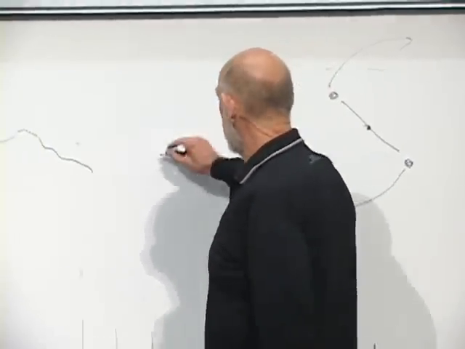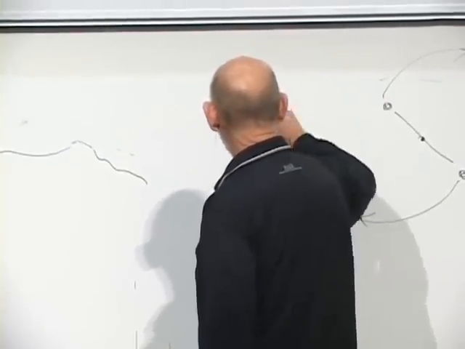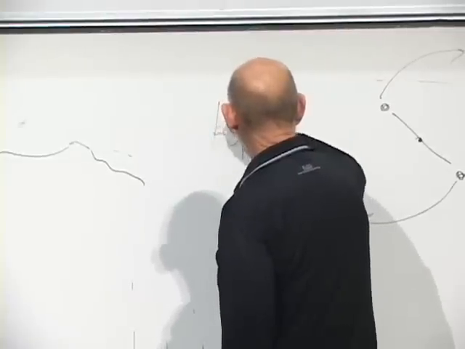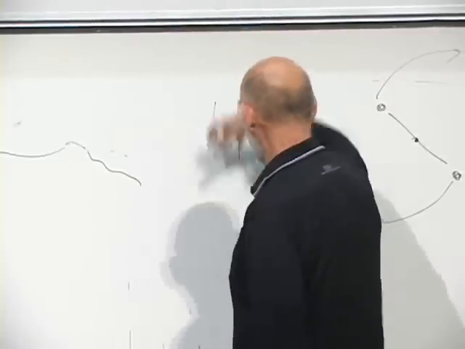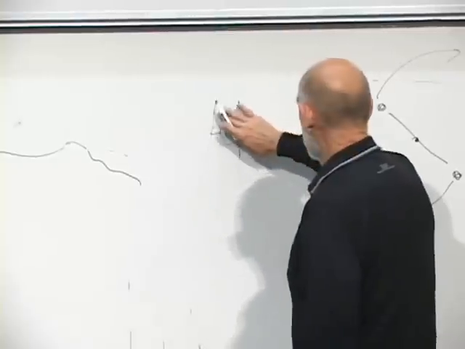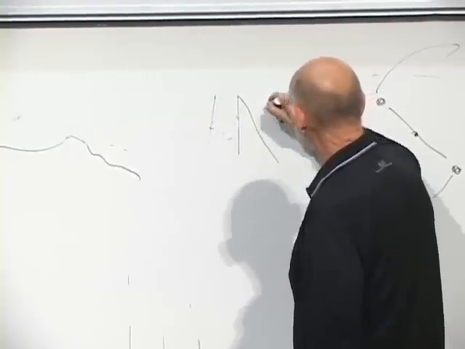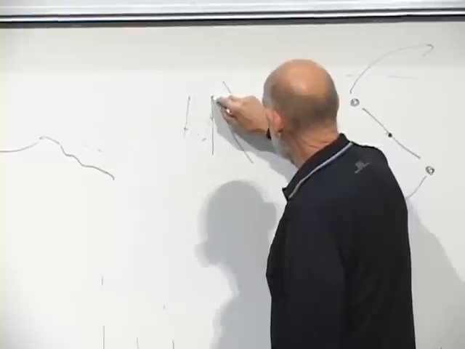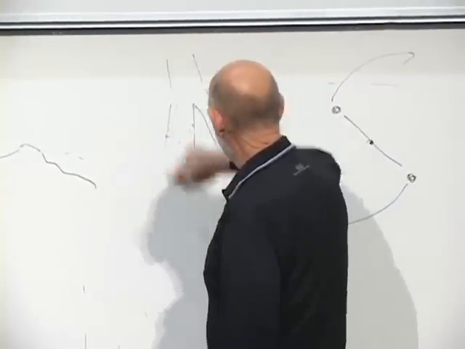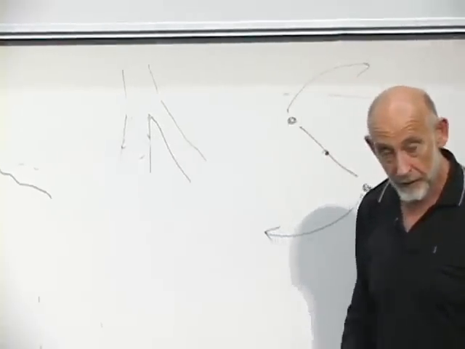And what it does is it takes a pair of strings. Here's a pair of strings moving along in space-time. Upward is time. There's a string. Here comes another string. Their endpoints meet at this point, and they join together to form a single string.